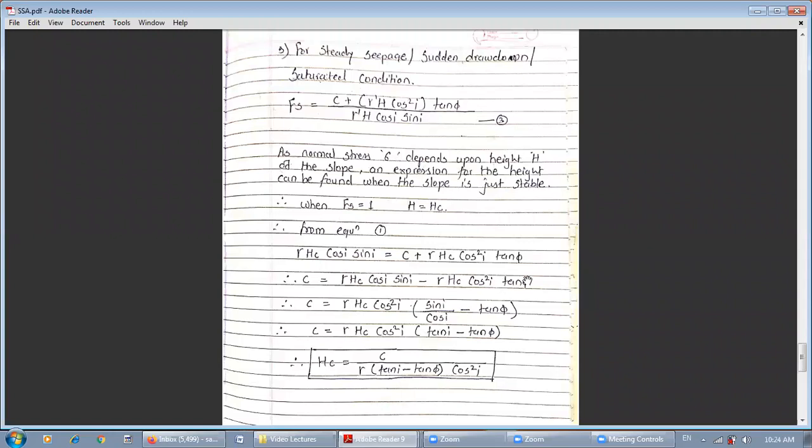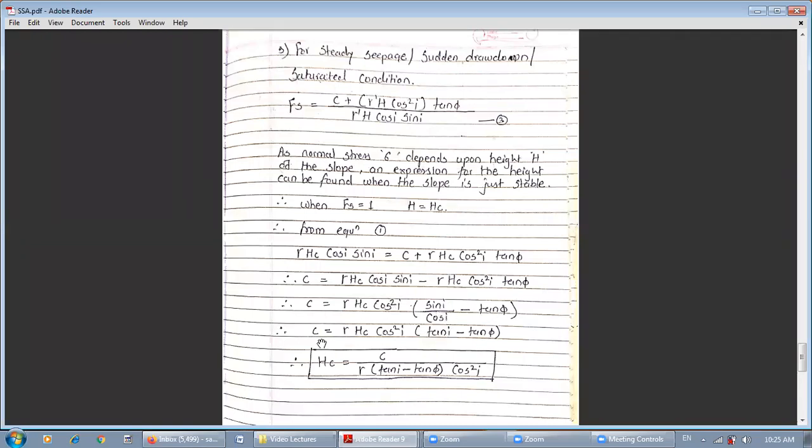From this particular equation, if I take gamma hc cos square I as common, तर पहिल्या टर्म मध्ये एक कॉस आय गेलं आणि दुसऱ्या कॉस आय साठी वी हॅव टू डिवाइड वन मोर कॉस आय, सो sin I divided by cos I minus gamma hc cos square I, which we have already taken common, remaining tan phi. So sin I upon cos I is tan I, so tan I minus tan phi.